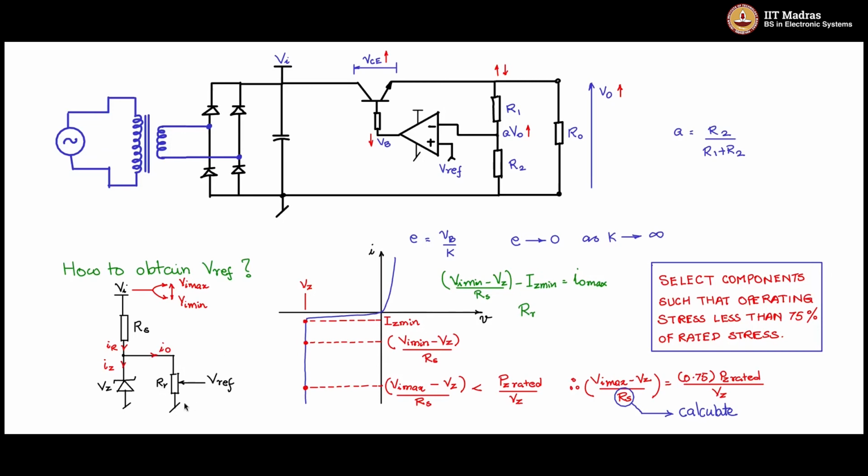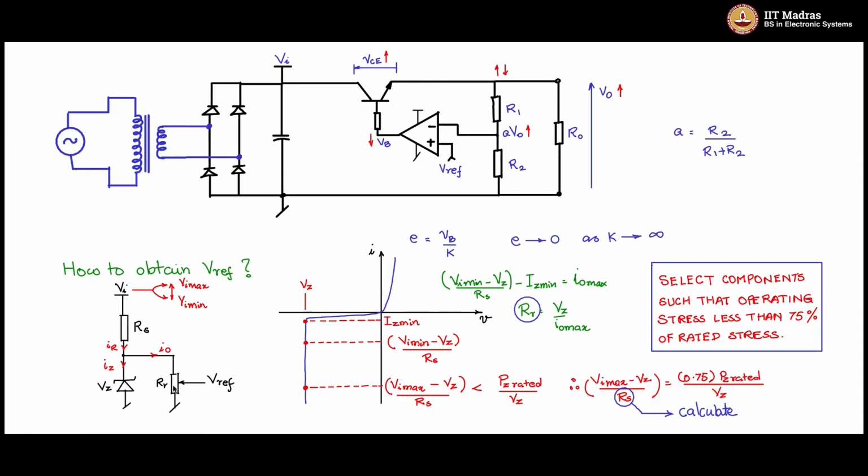Therefore, the minimum value of Rr will be Vz by I naught max. I will not go to a value of Rr below what is calculated here. You can choose a value of Rr higher than that, such that probably in the middle of Iz minimum and Iz maximum you will set the operating point.